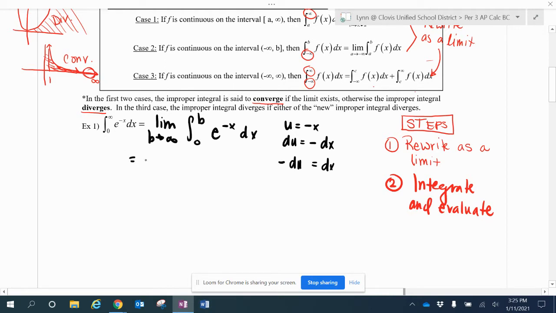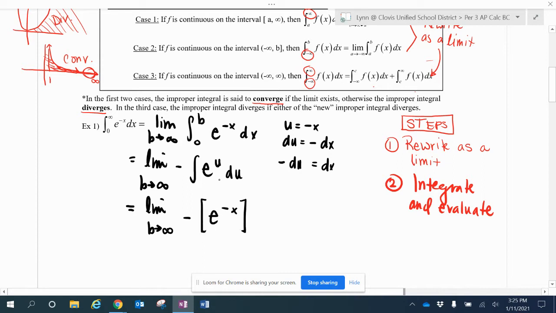So then I will have the limit as b approaches infinity, and then this would be e to the u, and I'm going to pull that negative out front. Then I'm going to integrate this and put it back into terms of x each time. So instead of changing my limits, I'm just going to integrate. e to the u is just e to the u, and then replace u with negative x.